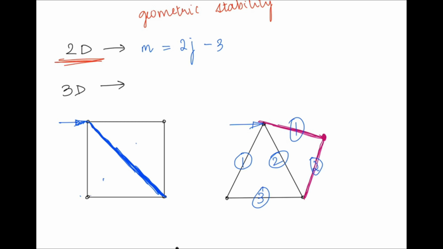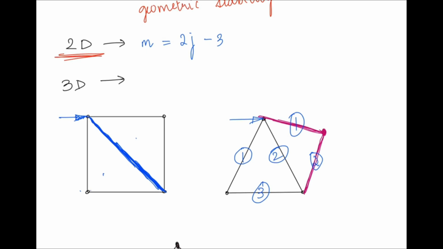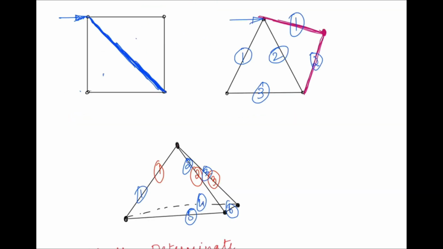Similarly, when you come to a 3D truss, you have it like this. Consider this as your extra joint. To connect this one joint, you require 3 members, 1, 2 and 3.